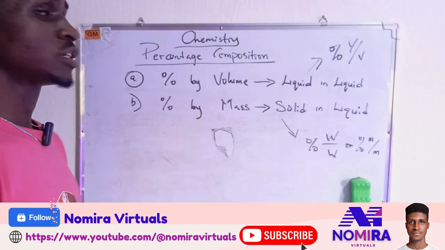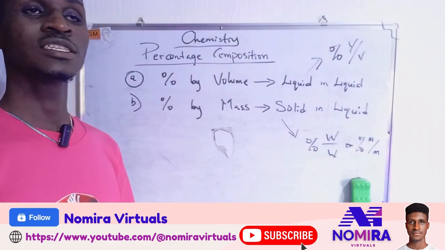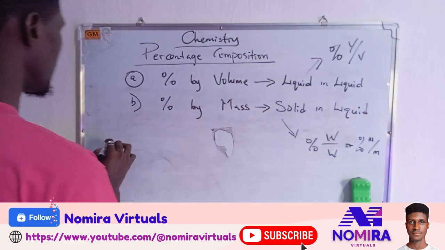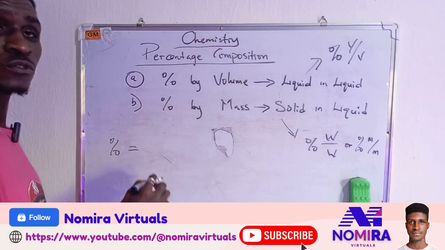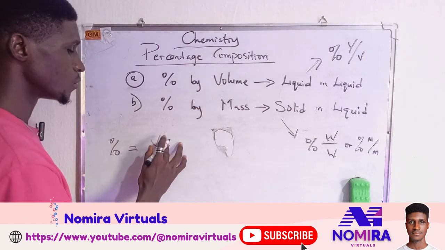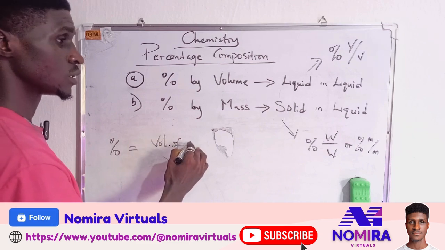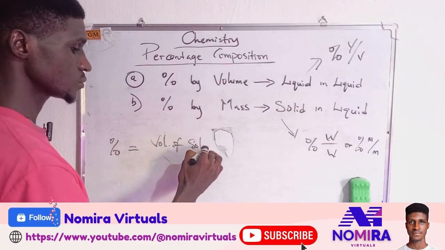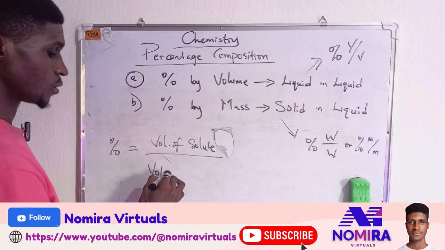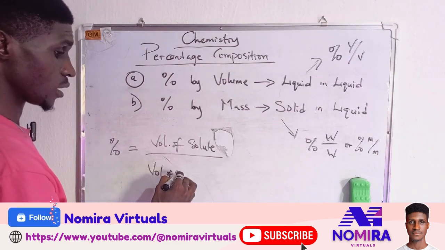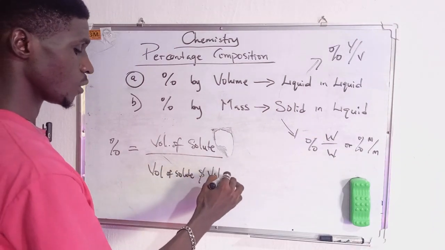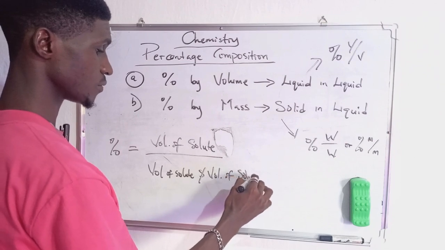Okay, so generally the concept of concentration is the amount of solute in a solution. So for us to get percentage by mass, if you are dealing with volume, you have to know the volume of the solute over the addition of the volume of the solute and the volume of the solvent.